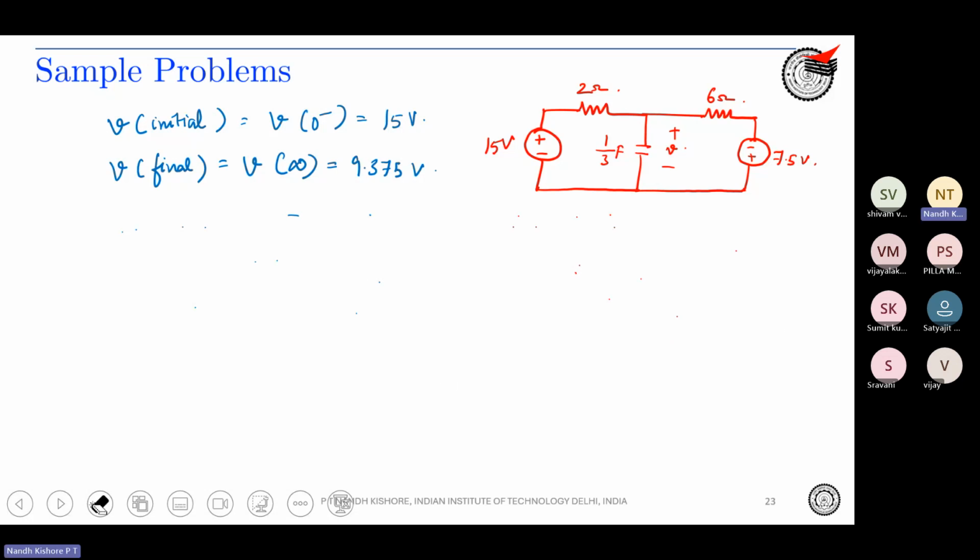So initially the capacitor started off with 15 volts. Finally, it is going to rest at 9.375.